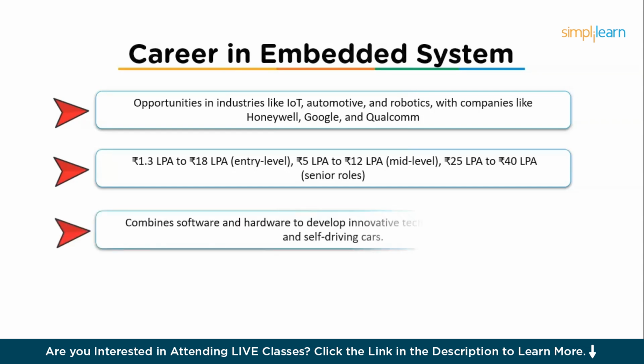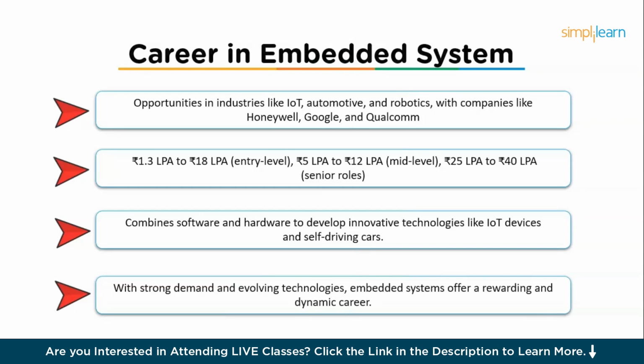And then we have real-world impact, that is, combining software and hardware to develop innovative technologies like IoT devices and self-driving cars. Then we have a growing career path. With strong demand and evolving technologies, embedded systems offer a rewarding and dynamic career.